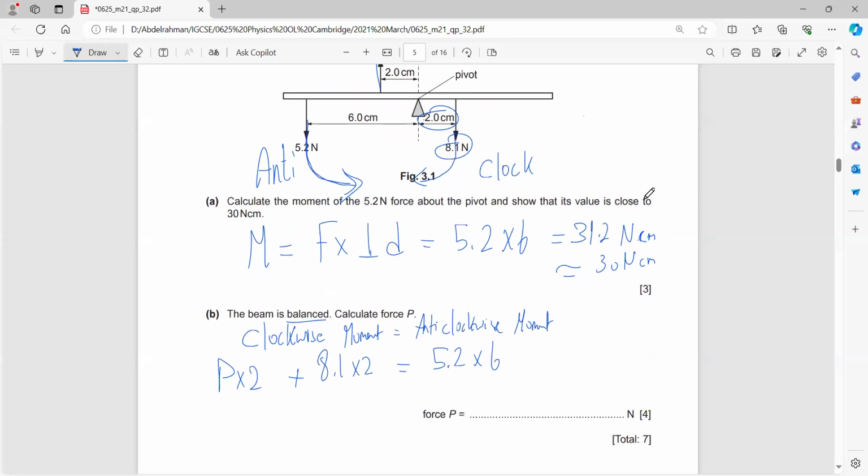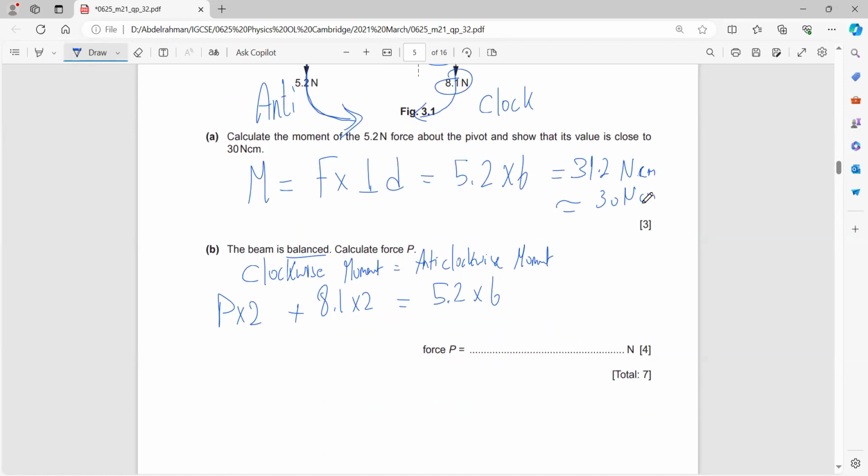So clockwise, I found P times 2, P which is the force, I don't know the force, times the distance 2, plus 8.1 times 2, which is equal to 5.2 times the 6, which is the only anti-clockwise moment we have. This is 31.2. 8.1 times 2 is 16.2, plus P times 2.